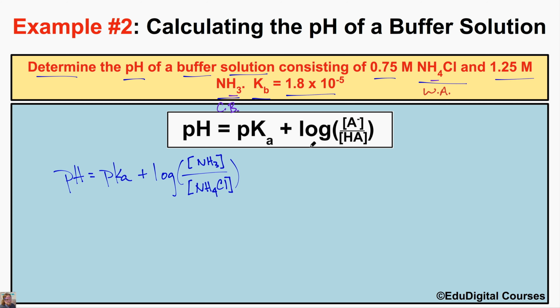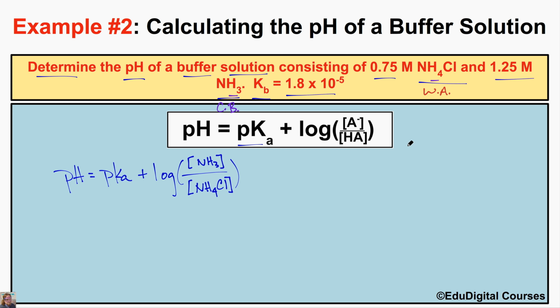So the problem is we don't know the Ka or the pKa. In fact, we don't even know Ka at this point. We're given the Kb value.